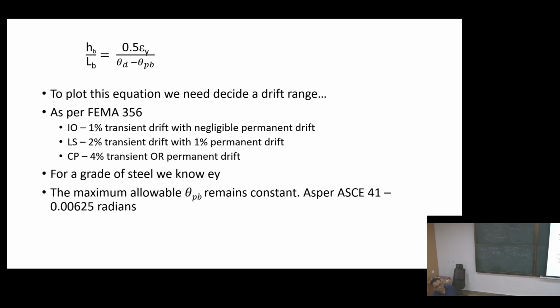ASCE is the American Society of Civil Engineers. They publish guidelines, the ICC adopts those guidelines, and then it becomes code. It is 0.00625 radians. That's the maximum allowable plastic drift in the beam. You don't want to exceed that. Does that make sense?